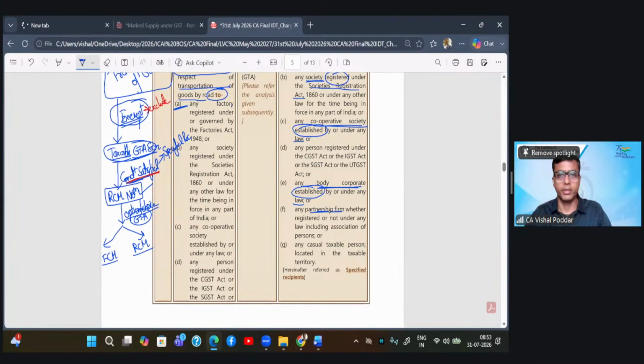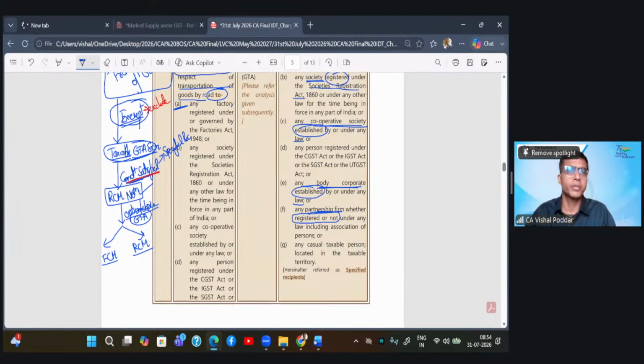Interestingly, only for partnership, the condition is they may or may not be registered. Partnership we know is already governed by the Partnership Act, but here the registration condition is not compulsory. So you have registered partnerships, you have unregistered partnerships, and I'm sure you have studied the difference at the foundation level.